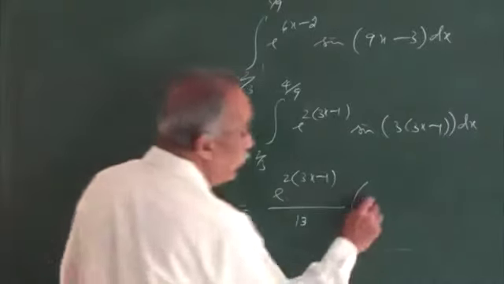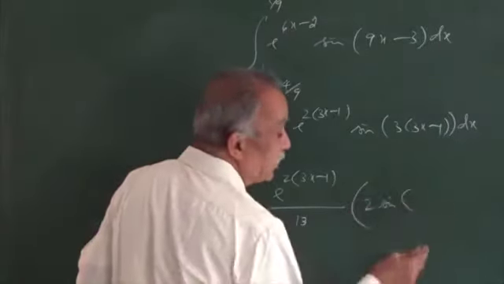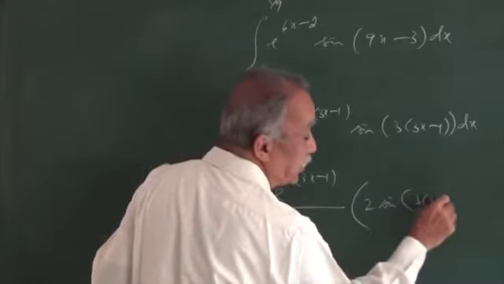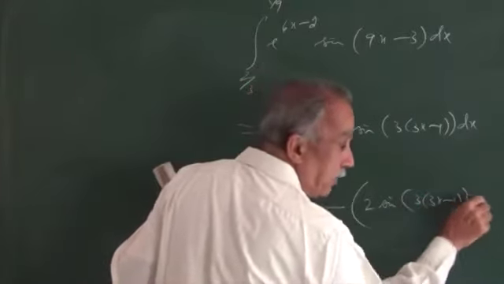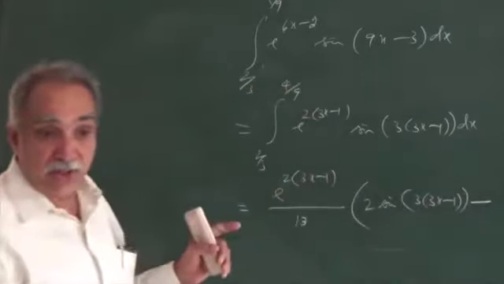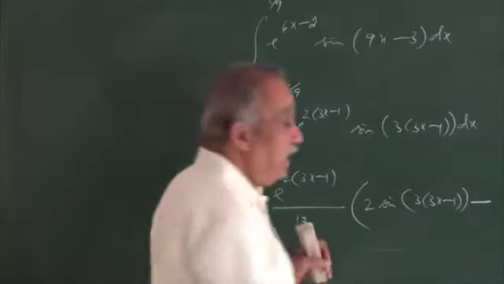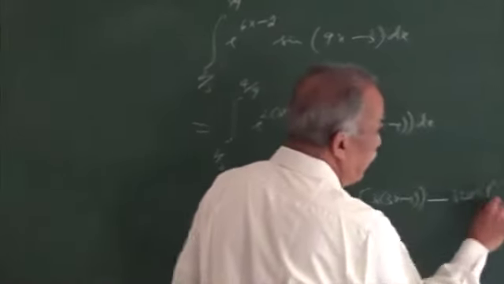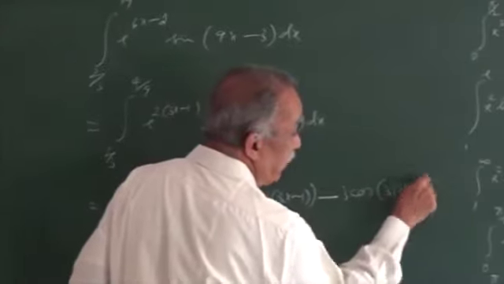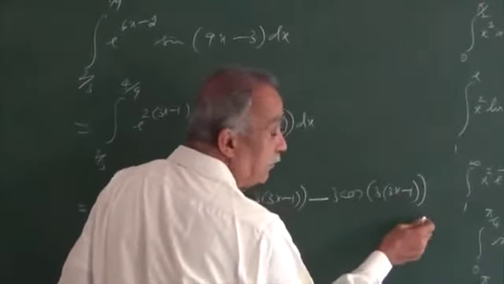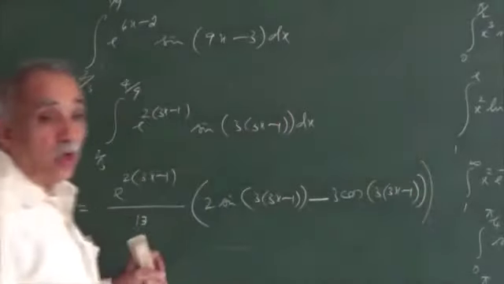A is 2, sin bx is sin of 3 into 3x minus 1, minus b cos bx, b is 3, cos bx is cos of 3 into 3x minus 1. Is it over? No, not over.